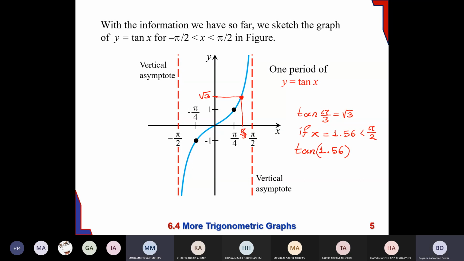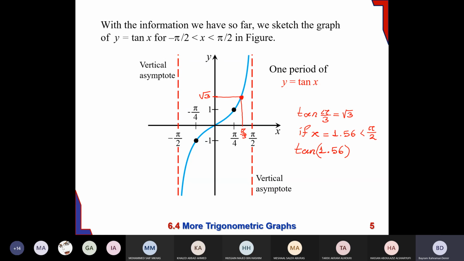No, it is not undefined. Tangent of exactly pi over 2 is undefined, but this number is a little bit less than pi over 2, so it is not undefined. Let me see what happens to tangent of this number.